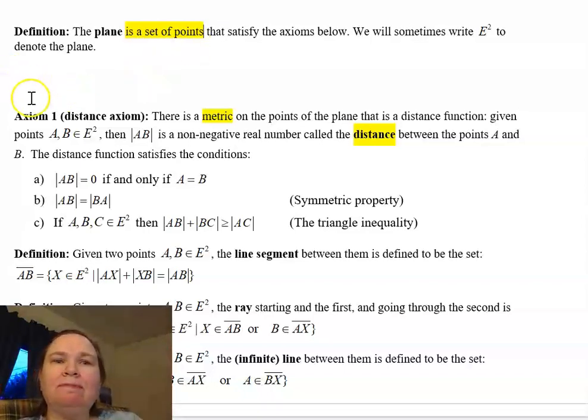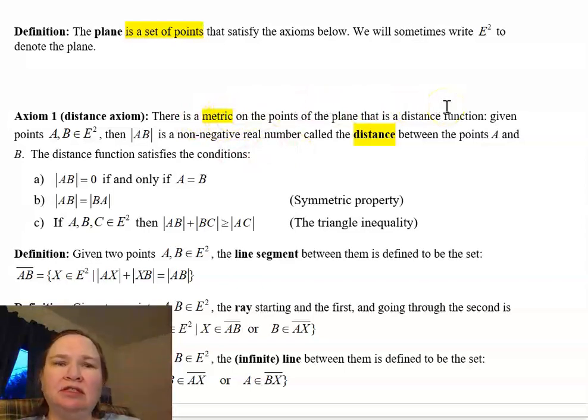And then we say we can measure the distance between points. So we define a distance function, and the abstract math name for a distance function is a metric. So there's a metric on the points of the plane.